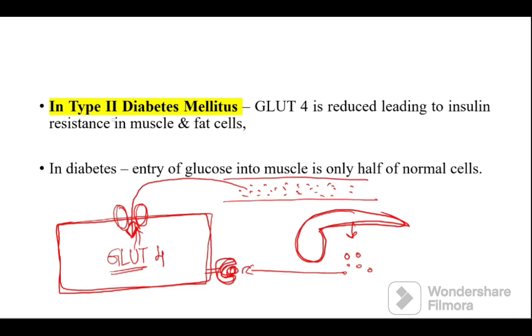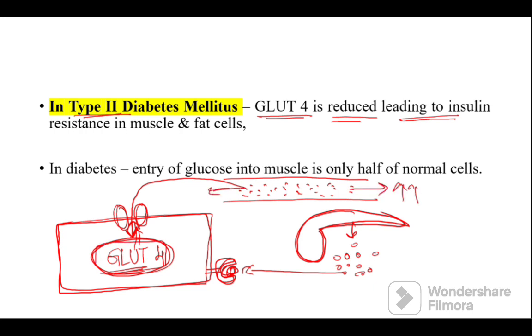So what happens in type 2 diabetes is this GLUT4 is reduced. The number of receptors, or the number of the GLUT4 transporters, is reduced, leading to insulin resistance. So even if insulin is present, this GLUT4 is absent, so the amount of glucose will be high in the circulation.